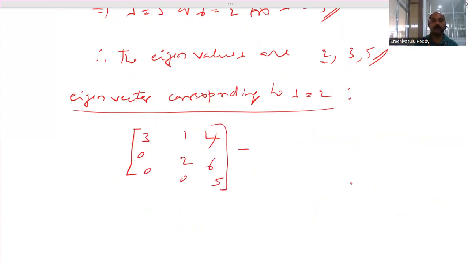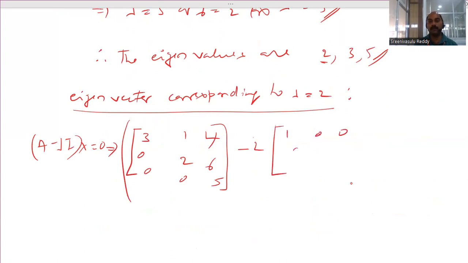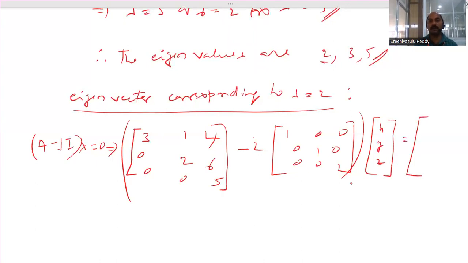(A minus lambda I) times x equal to 0. First step, substitute A value. Lambda value is 2. I value is 1, 0, 0, 0, 1, 0, 0, 0, 1, times x value x, y, z, because here we have a 3 by 3 matrix, so we take 3 variables.